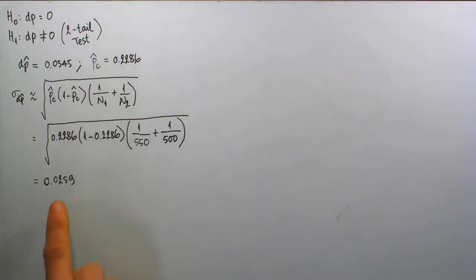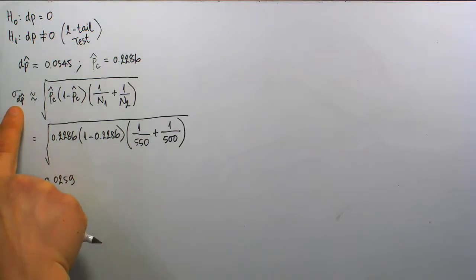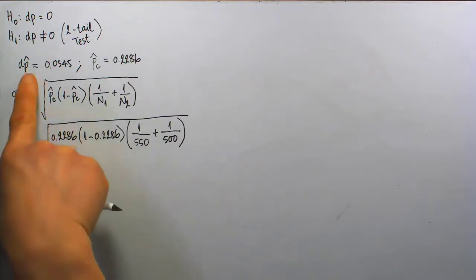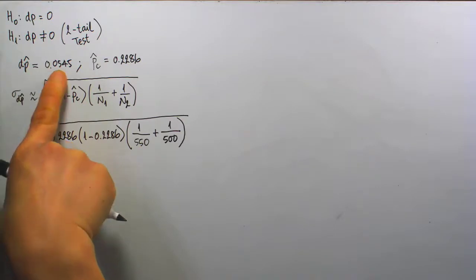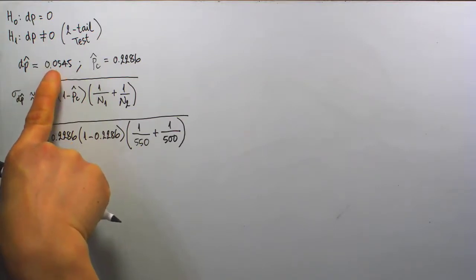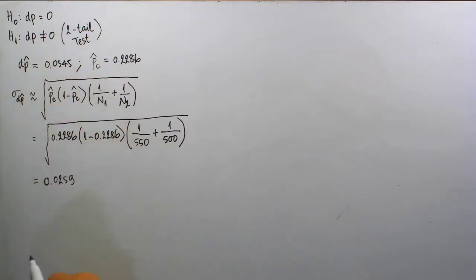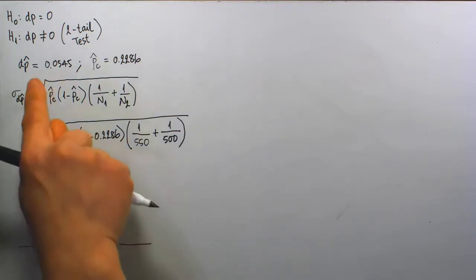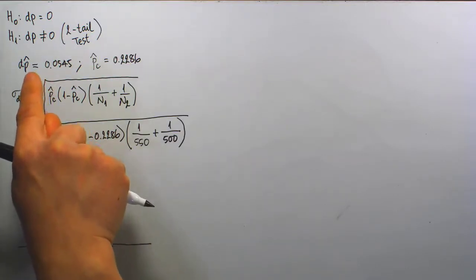And now that we have the approximate value for sigma dp hat, we can imagine that our sample dp hat here, with the value 0.0545, is not the only sample difference between any two sample proportions. As a matter of fact, this value is only one among infinitely many others.